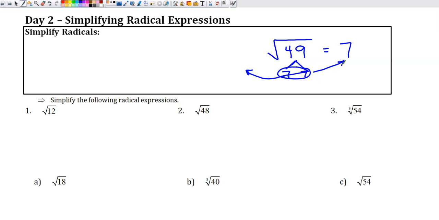And then there was nothing else inside, so there was no square root. I didn't need to write that because there was nothing left in here yesterday. But today, that's not going to be the case. So we're going to have to figure out how to simplify these when they are not pretty.